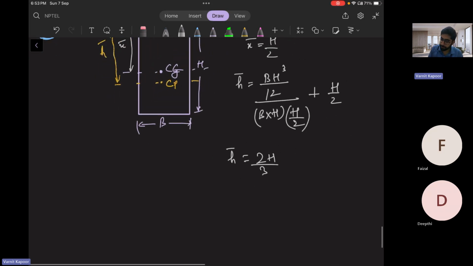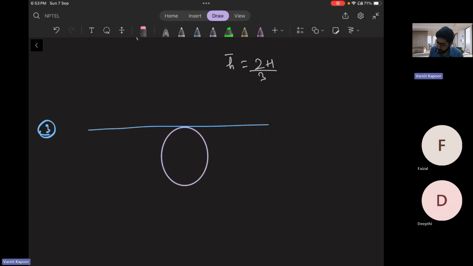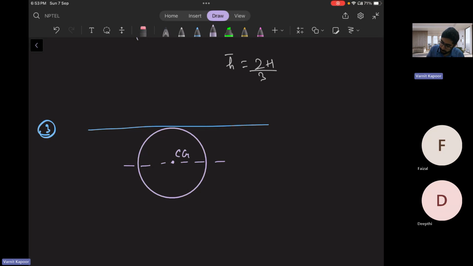Again, the third case. If I have a circular plate touching the free surface, I have a circular plate like this. Okay, it's just touching the free surface. So again, the center of gravity is at a distance of x bar. This is your free surface.